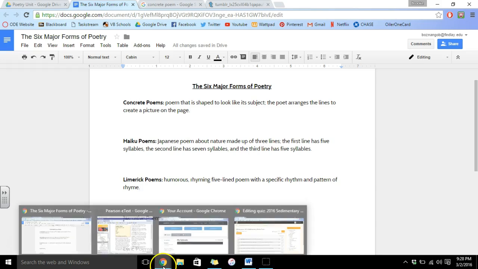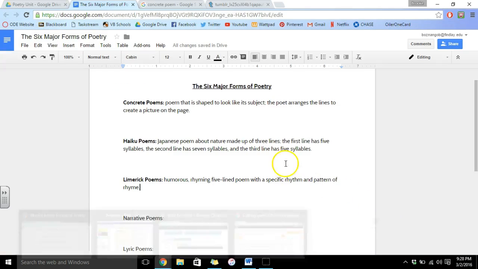So let's read a limerick poem. Oh, I was going to add a little extra information here. Limerick poems can vary a little bit on the specific pattern of rhyme. But normally you count syllables when you do limericks, like you did with the haiku.